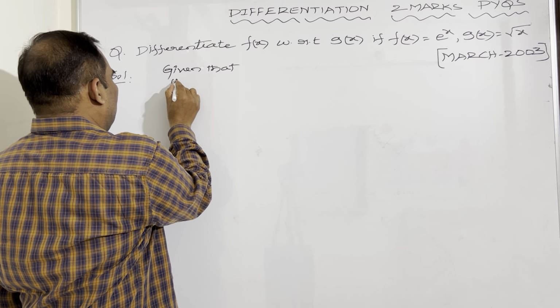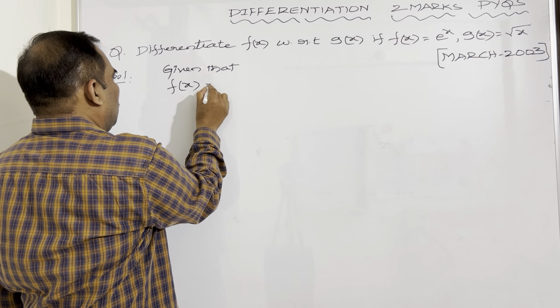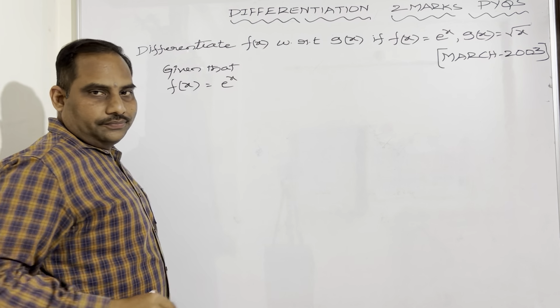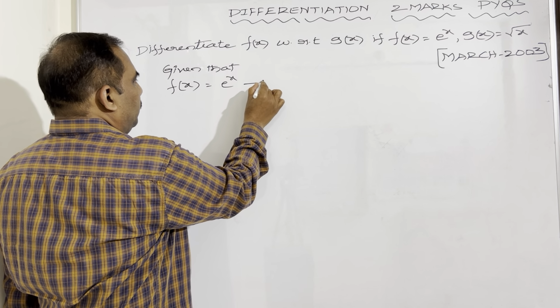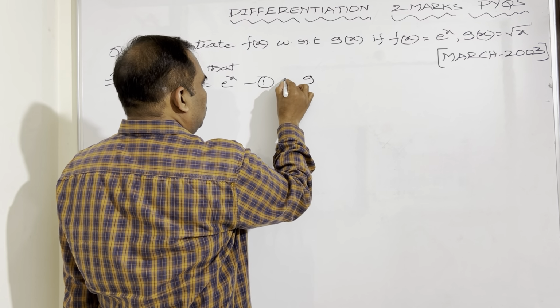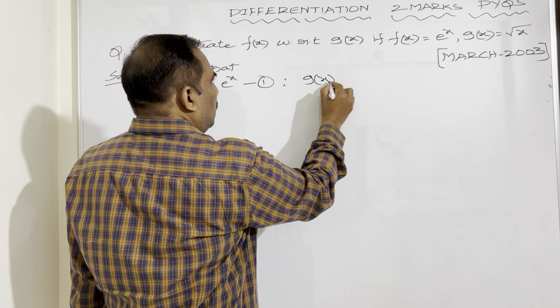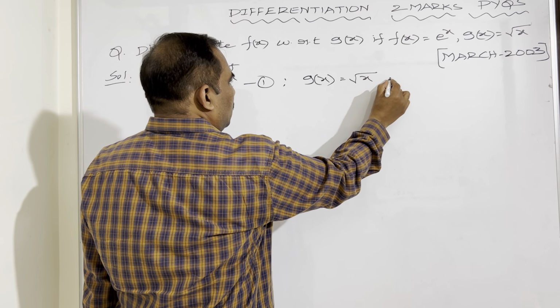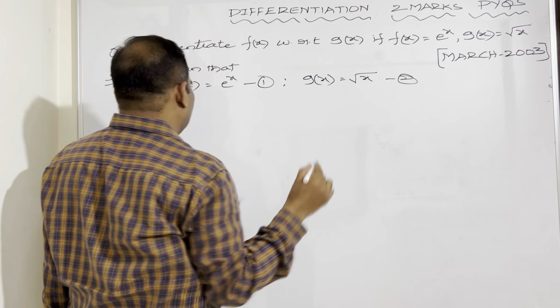Now given that f of x is equal to e to the power of x. Say this is 1. So now g of x is equal to root x. Say this is 2.